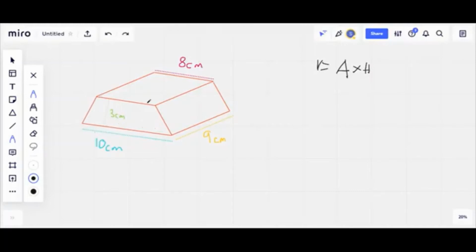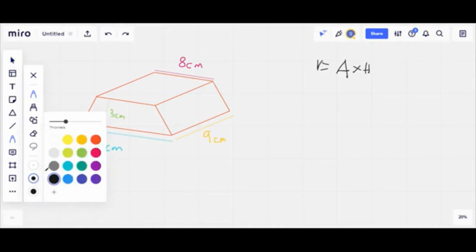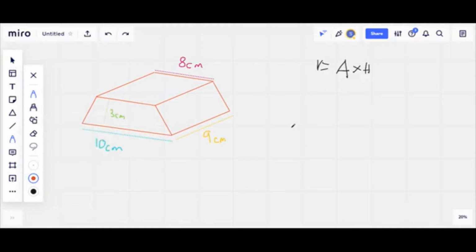This shape is a trapezium. So our formula for a trapezium, let's change that color to red, is area equals 1/2, and we multiply that by our two side lengths.